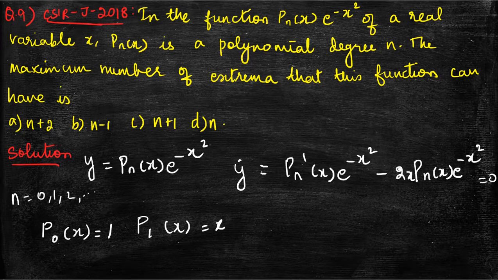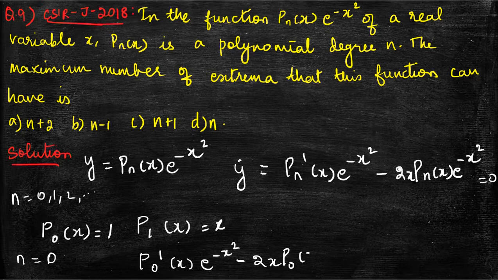Now I'm going to substitute in y dot, instead of n, 0. At n equal to 0, this is what I get.